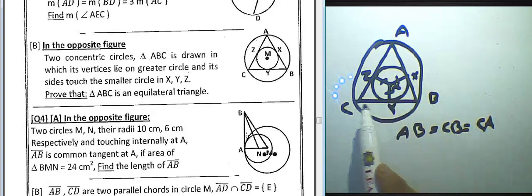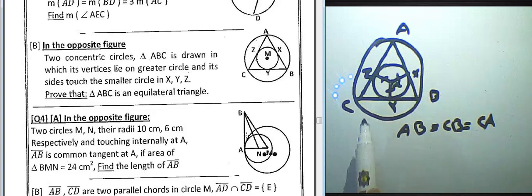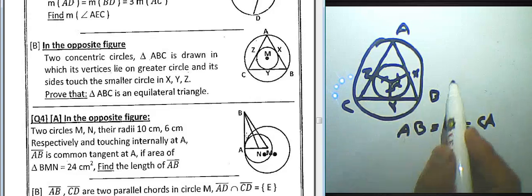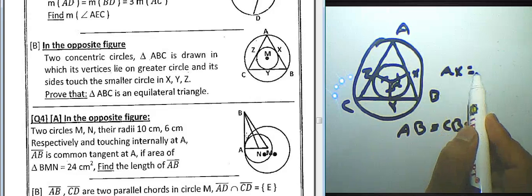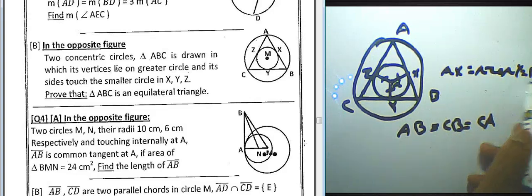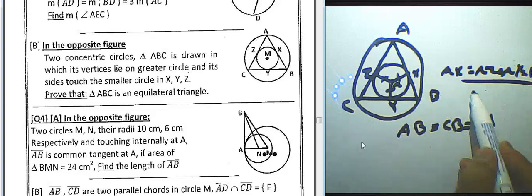We have three sides of equal length in the greatest circle. He wants to prove that ABC is an equilateral triangle, so we prove that because MX equals MZ equals MY equals the radius of the circle.